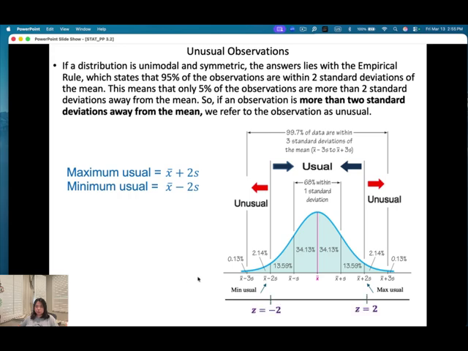When your Z-score is within -2 to 2, inside this part here, then the data will be usual. However, if your Z-score is strictly less than -2, somewhere like here, then your data will be unusually low. Or if your Z-score is greater than 2, like here, then the data will be unusually high.